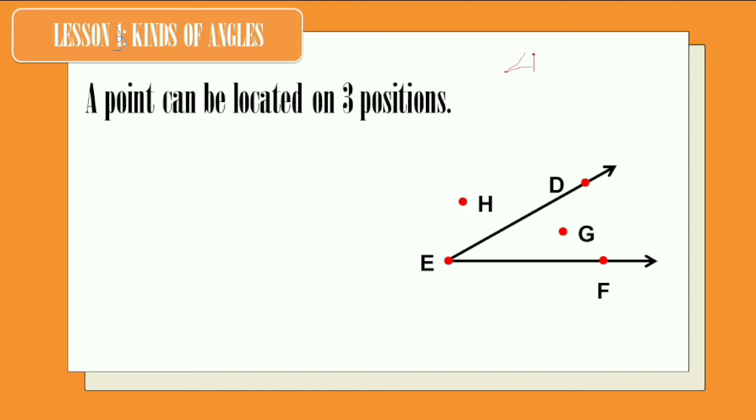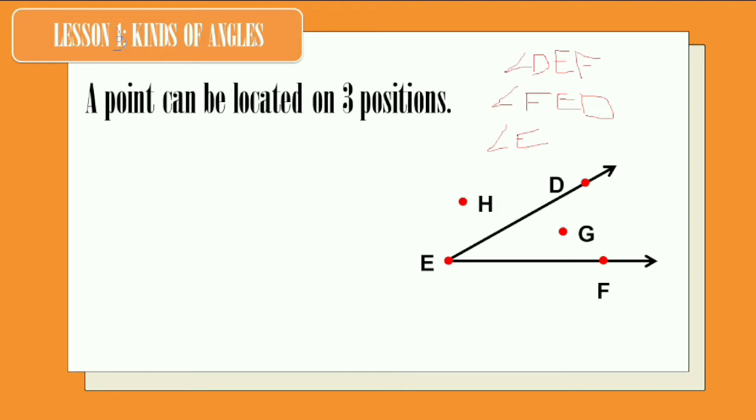Angle, gawin nating D, E, F. Pwede ring angle F, E, D, as long as yung vertex natin nasa gitna. At ano pa yung isa? Pwede nating sabihin angle E, kasi ayun yung vertex ng ating angle.